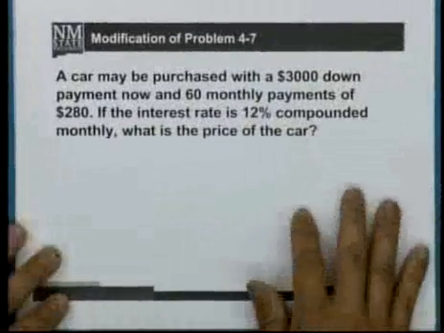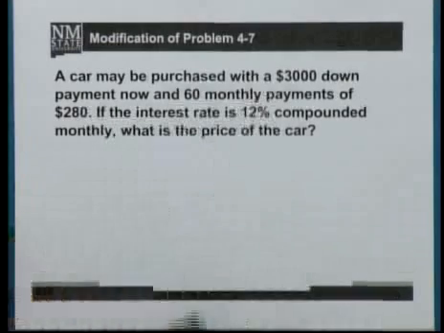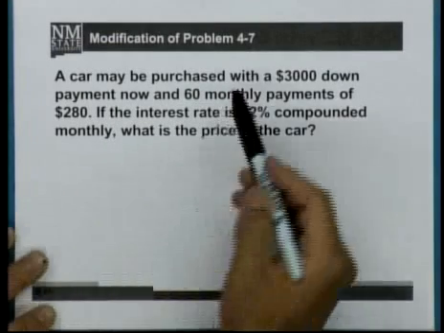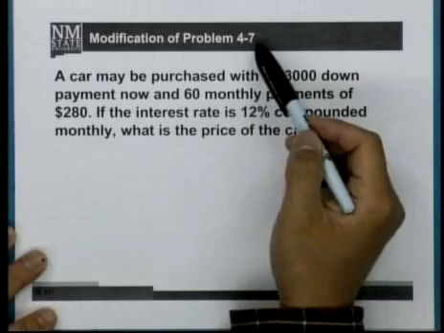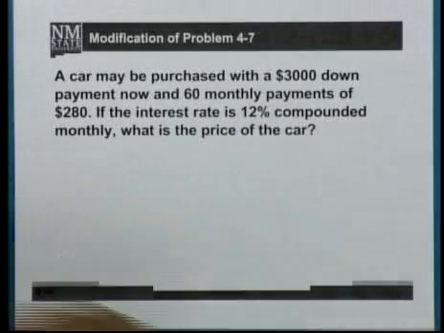Then the next problem: let's solve problem 4-7. Just to let you know, these numbers are slightly different from our textbook problem 4-7. That's why I put modification of problem 4-7.